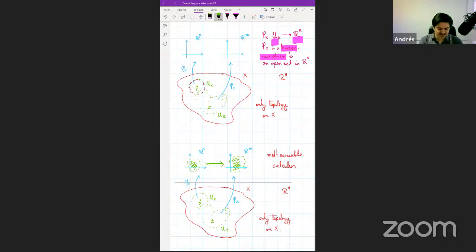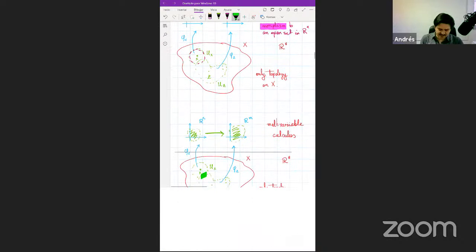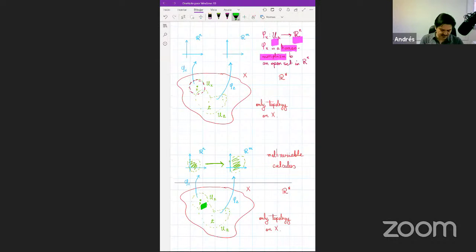However, that function only deals with these points in common, right? These points in common under phi U go here. Under phi V, go here. And that gives you a function here.